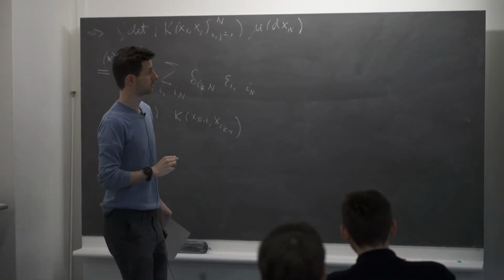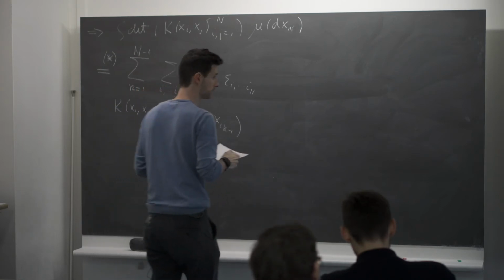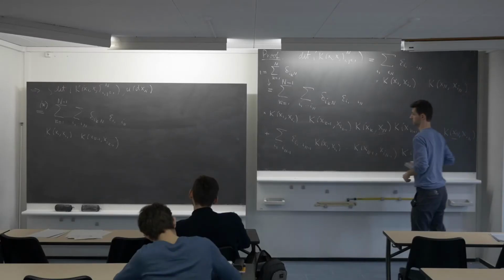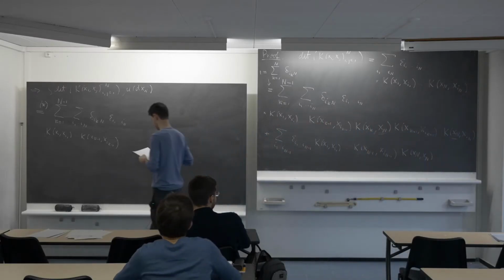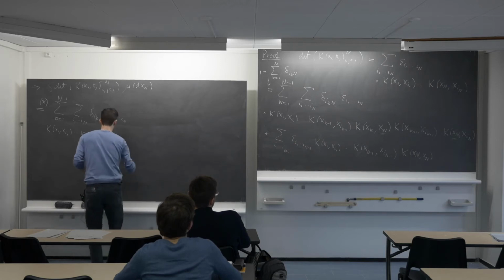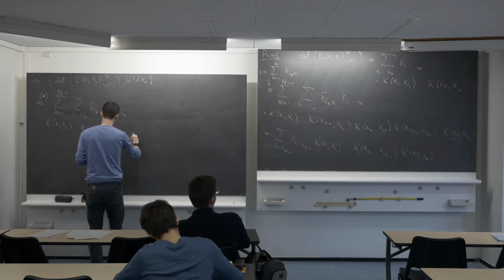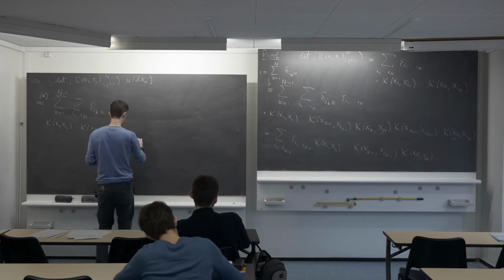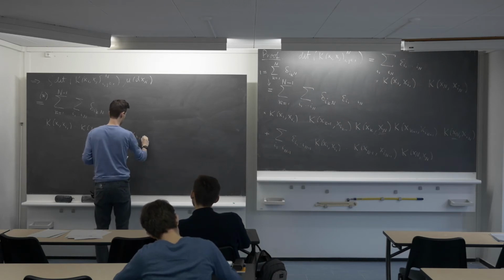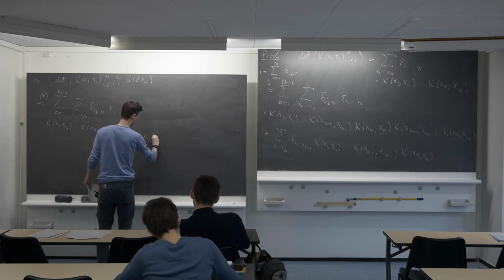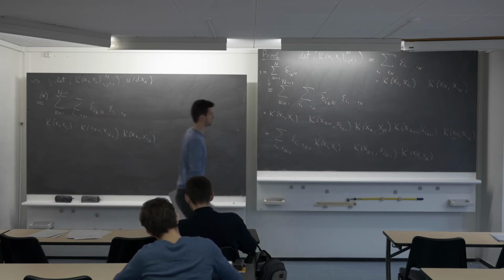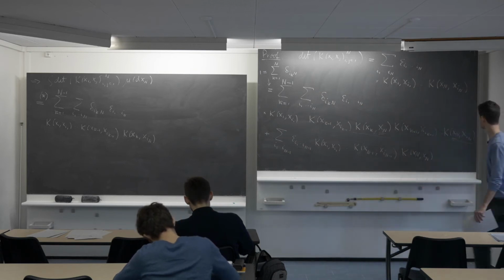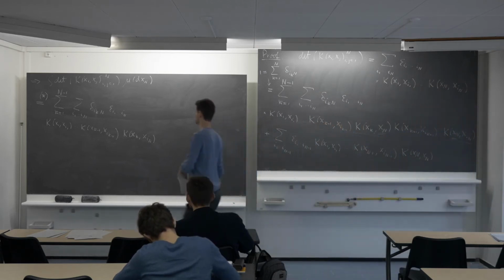Okay, so nothing happens to these guys, and the only thing that changes is these two guys that go together, and I get a k of x. So I have xk, and then I have xin, right? So I get these two terms, this term and that term. I integrate over xn. I get this, and then I can continue.